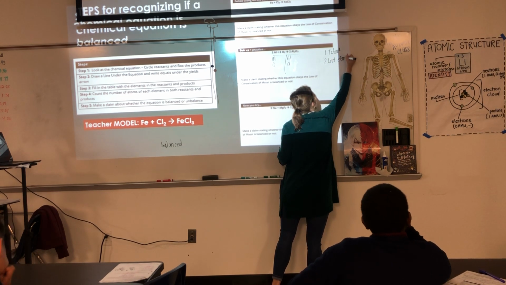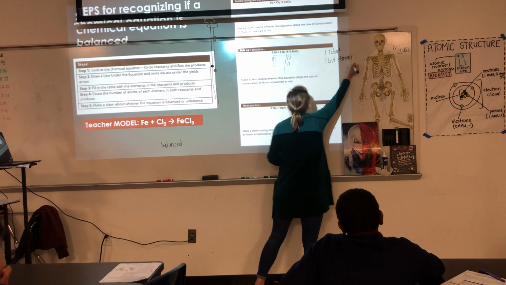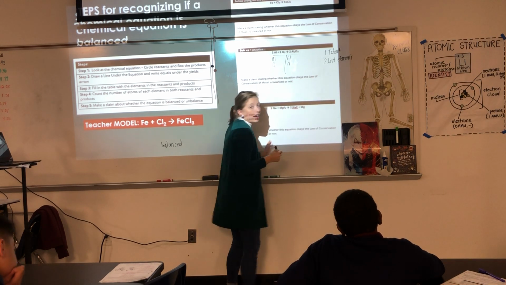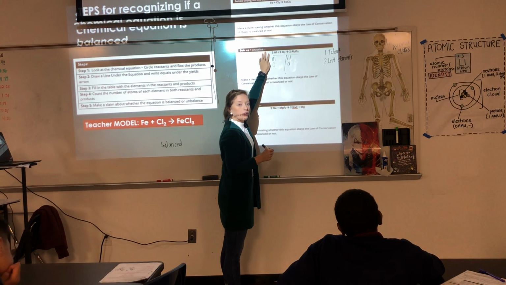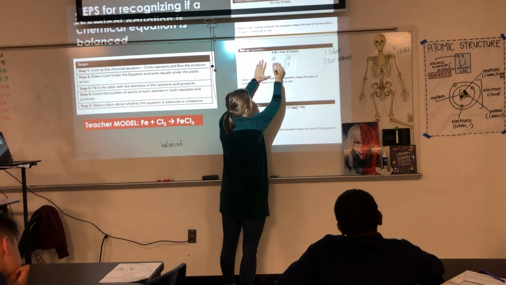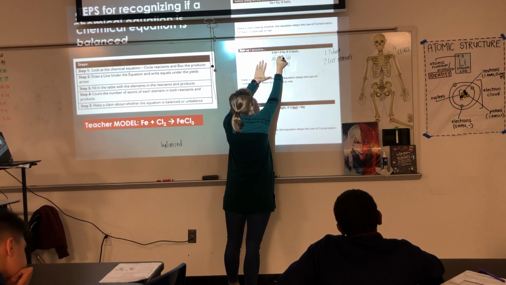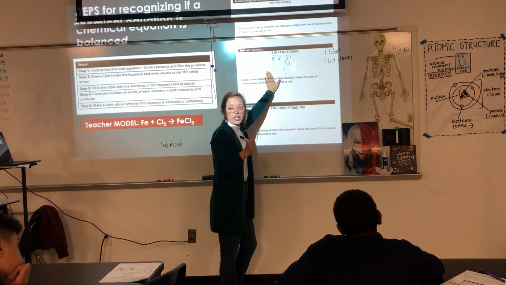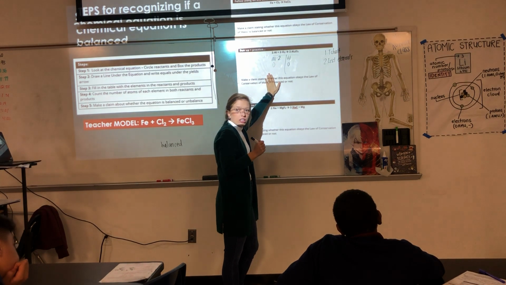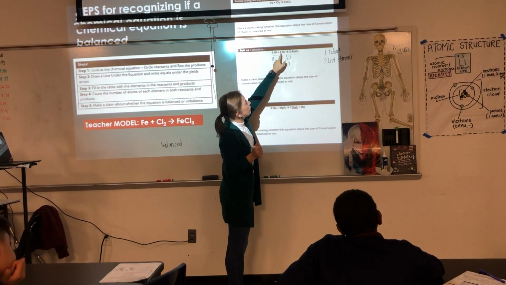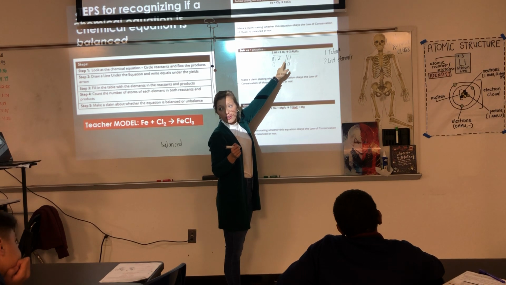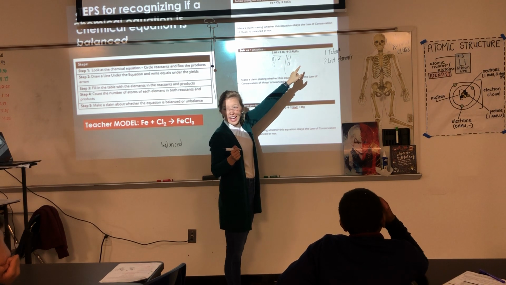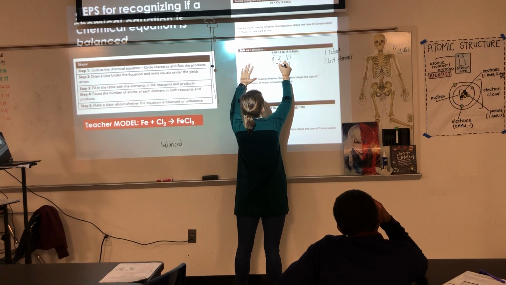Step 3 then is to go and count the number of atoms. So as a reminder, when we have a coefficient out front, we have to multiply. So I have 2Al, and that means I have how many oxygens then? I have 2 as a subscript, but I have a coefficient of 3. So how many atoms of oxygen do I have? I have 6.